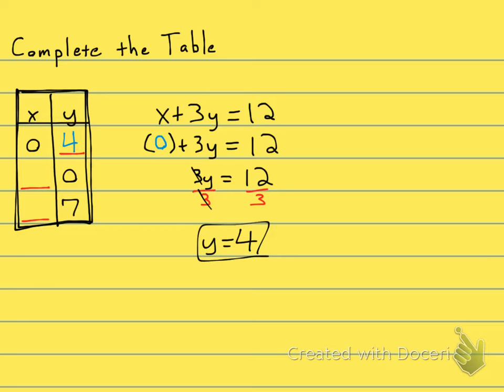All right, let's see what happens when we plug in a 0 for y. What are we going to get for x? So x plus 3y equals 12. And what am I putting here for y? Putting in a 0.